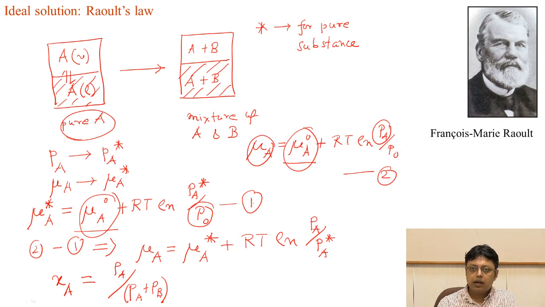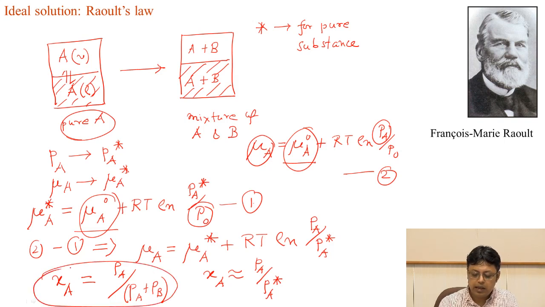Now Raoult made an approximation. He said that this mole fraction XA we can approximate as PA by PA star. Remember that this is not strictly correct, because actually XA, the mole fraction, should be equal to the partial pressure in the mixture divided by the total pressure.